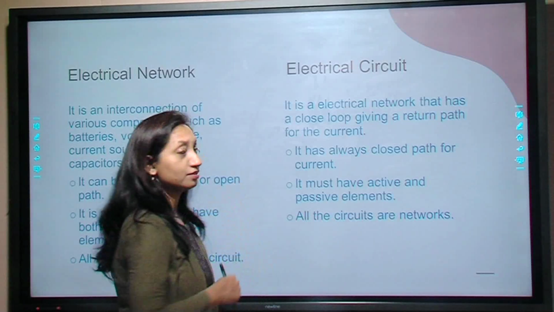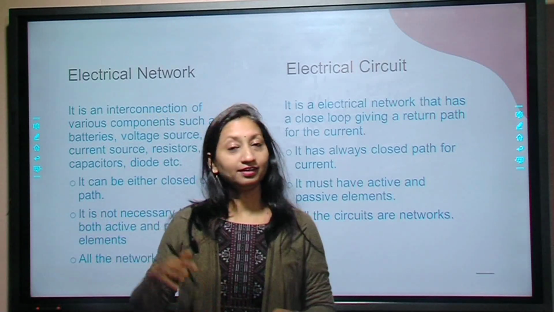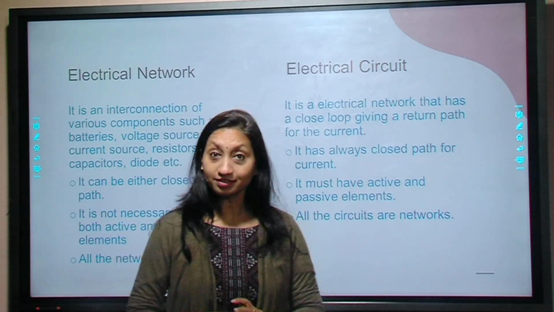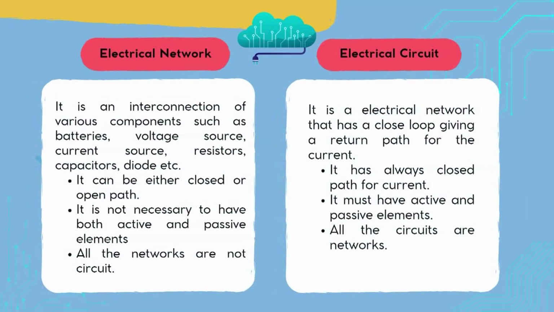Now let us move to the difference between an electrical network and an electrical circuit. An electrical network is the interconnection of various components such as battery, voltage source, current source, resistors, capacitors, inductors, etc. An electrical circuit is an electrical network that has a closed loop, which gives a return path for the current.